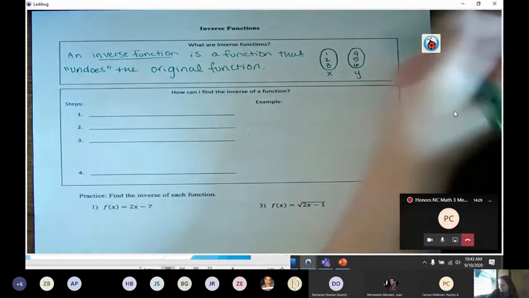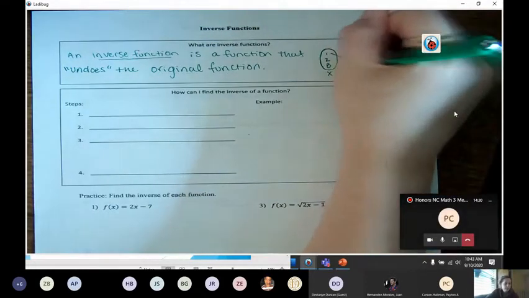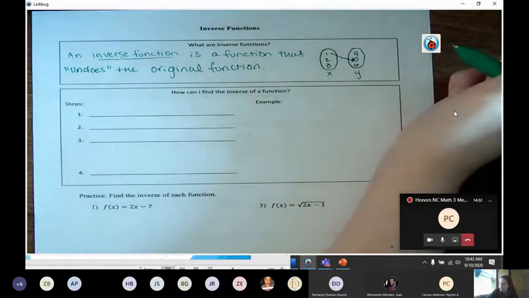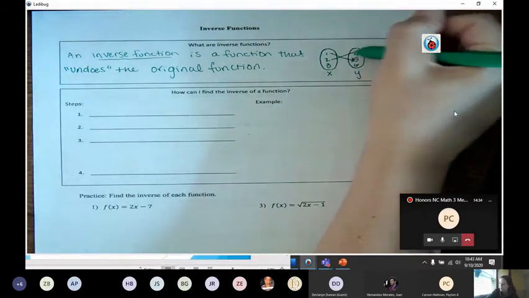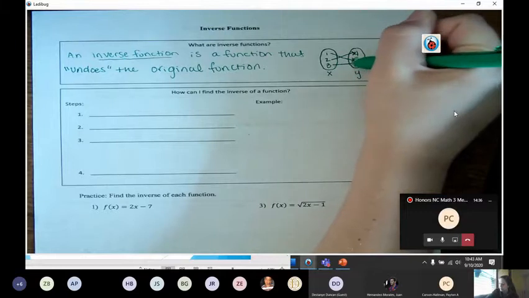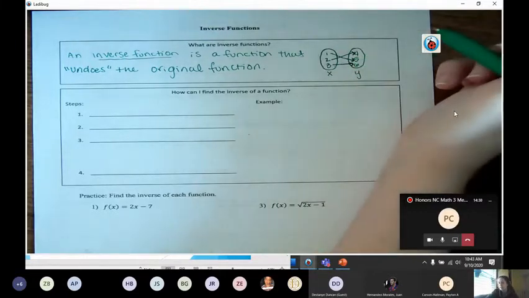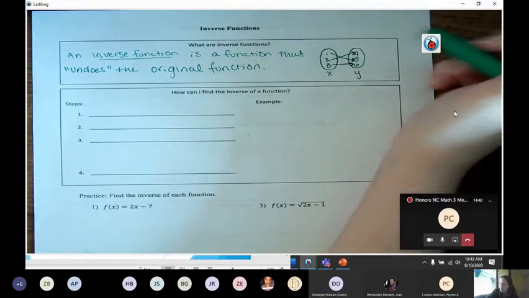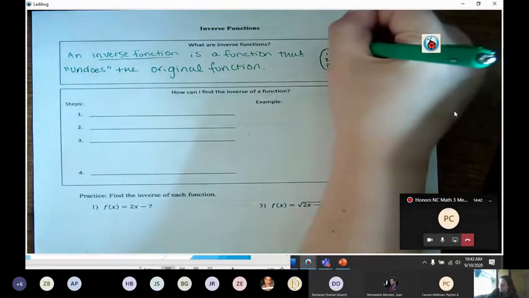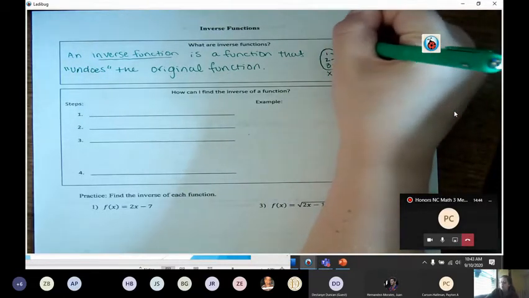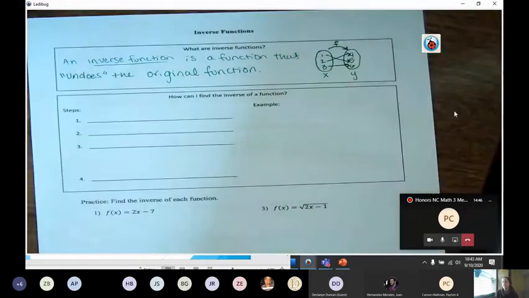Maybe 1 maps to 5, 2 maps to 4, and 3 maps to 6. So the arrows are pointing to the right, okay? So our function f moves from left to right. It takes those x's and outputs those y's.